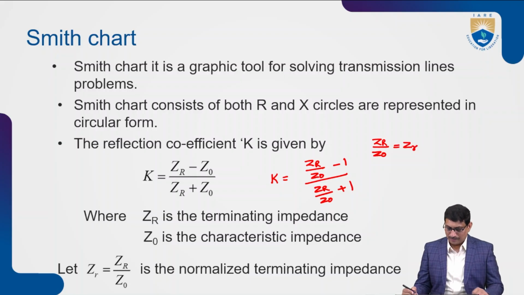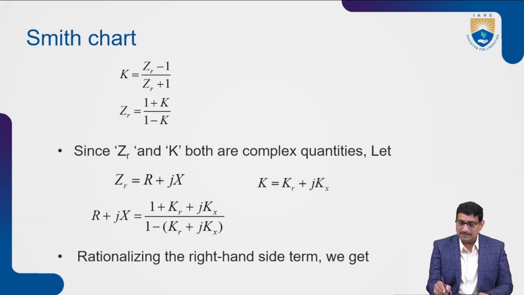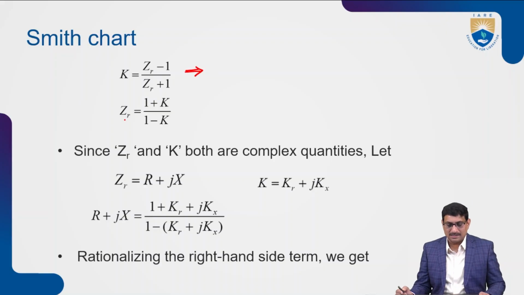Then the reflection coefficient K can be written as K equal to Zr minus 1 divided by Zr plus 1. By solving this expression, I can also write Zr as 1 plus K divided by 1 minus K, where Zr is the normalized terminating impedance and K is the reflection coefficient. Both are complex constants.